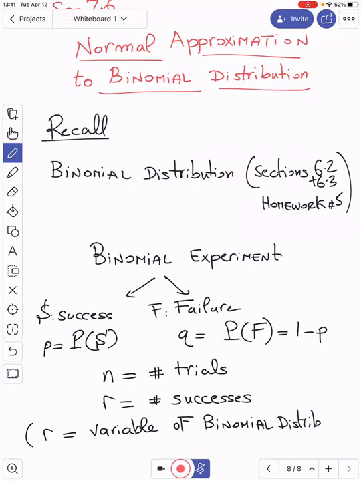Again, just to remind you, what do we mean by a probability distribution? A probability distribution assigns a probability to each value of your variable.